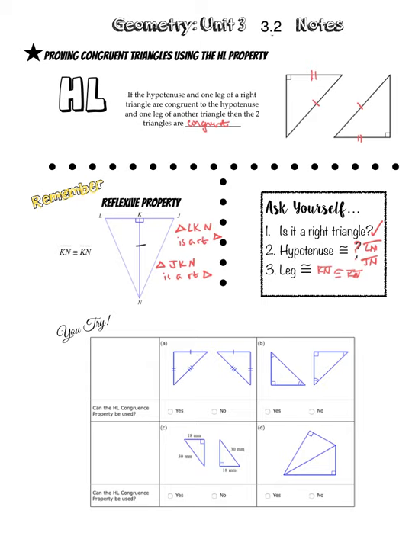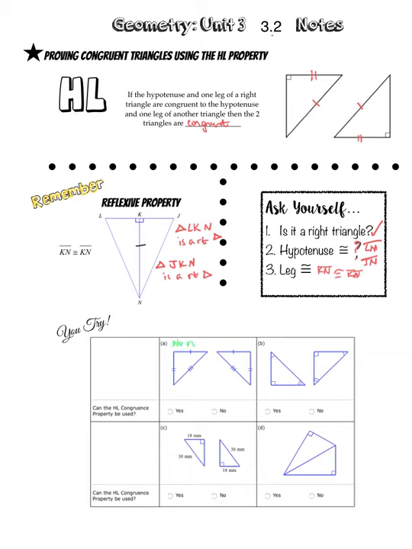So remember we had options last lesson on whether a triangle can be congruent or is not necessarily. Same kind of concept here. Let's look at our questions. Can the hypotenuse leg congruence property be used? Well, do we have anything here that says the triangles are right triangles?